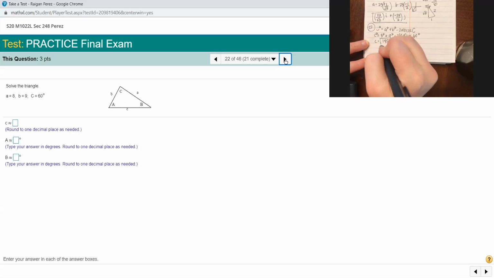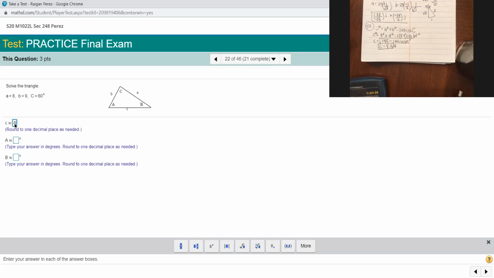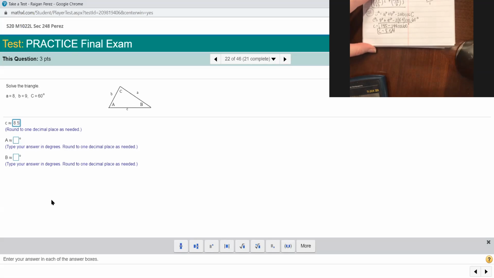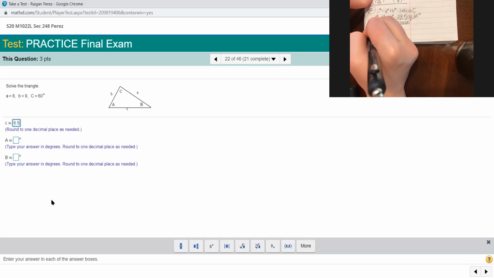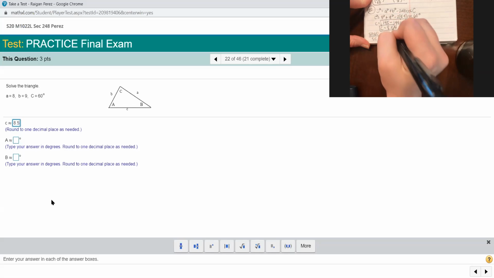It tells me that little c is 8.54. Round to 1 decimal place. I messed that up last time. 8.5 is little c. Okay, so now we could use law of sines to find the rest, right? So I could have sine of 60 over 8.5 is equal to sine of a over 8.